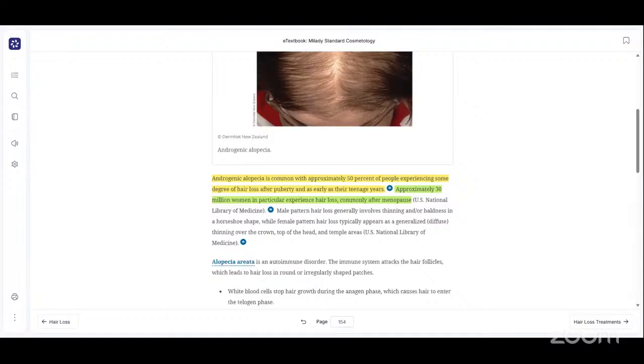With the other two young ladies, the last question: are they on any medication, birth control, or anything? Neither of them are on birth control, but the one that is pulling at her hair is looking to conceive. She wants to have children in the near future.